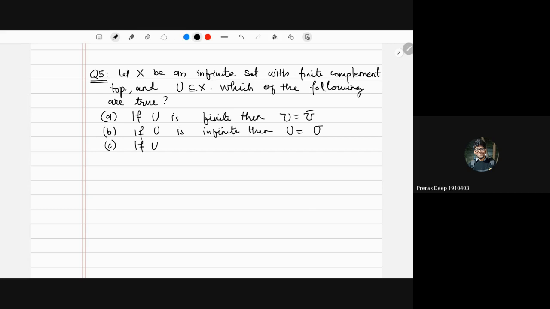Option C, if U is infinite again, then U closure is equal to X. Option D, if U is finite, then its closure is equal to X. Okay. Is the question clear?